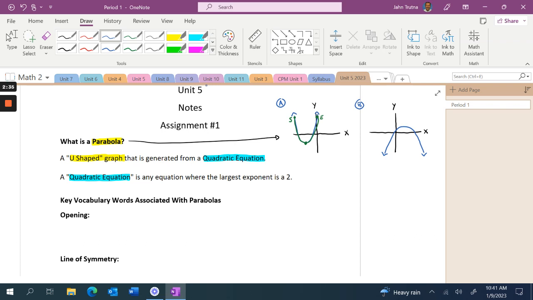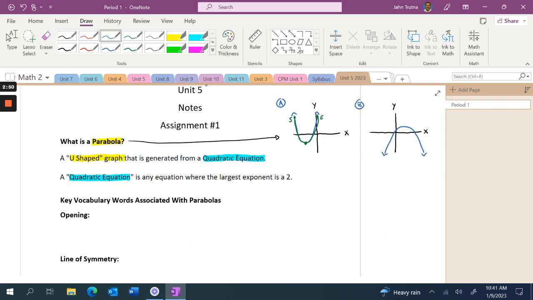So they'll either be like a U, some people refer to this as a smiley face, and you could see why, or they'll be a U going down, which some people refer to as a frown, all right? So we have that right there.